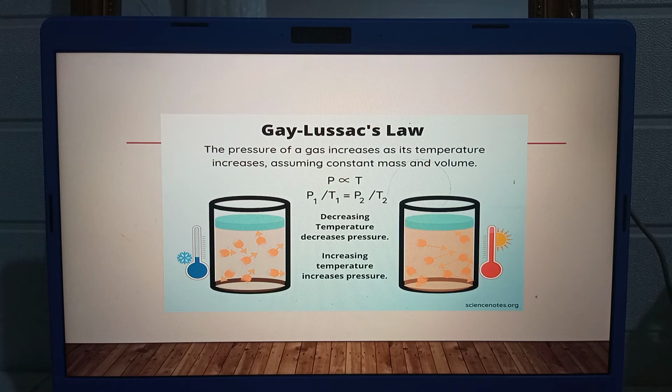Decreasing temperature decreases pressure. Increasing temperature increases pressure. So it means that temperature and pressure are directly proportional. Once the temperature decreases, the pressure decreases, and once the temperature increases, the pressure also increases.